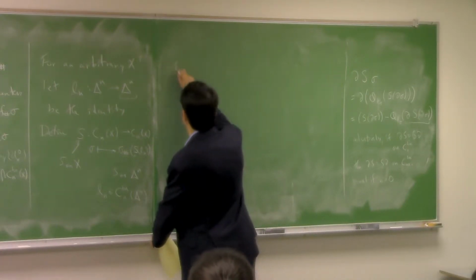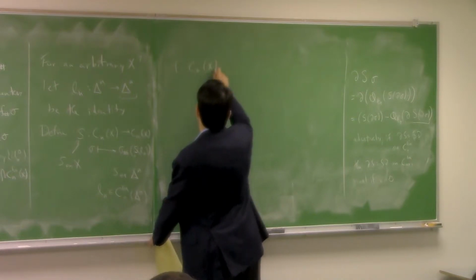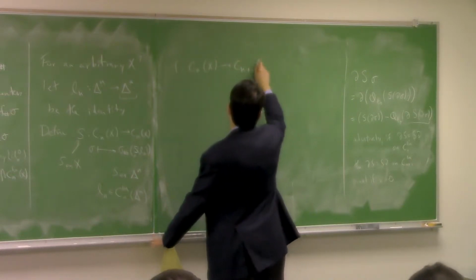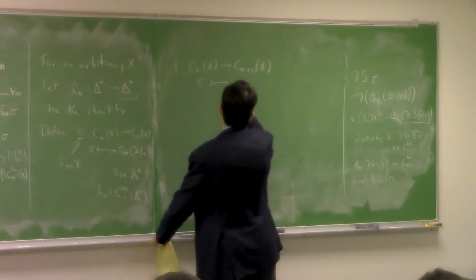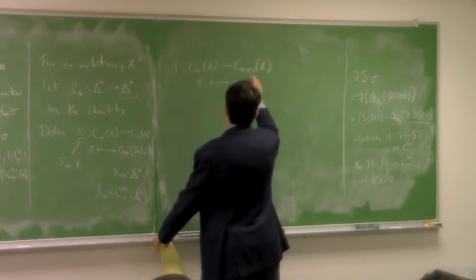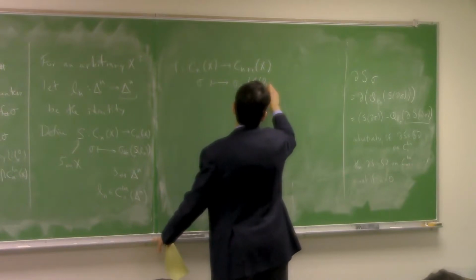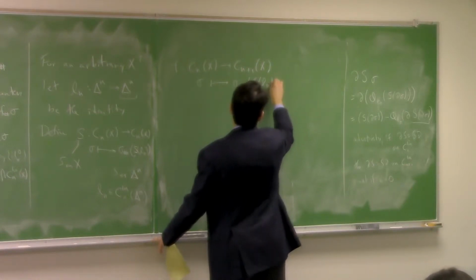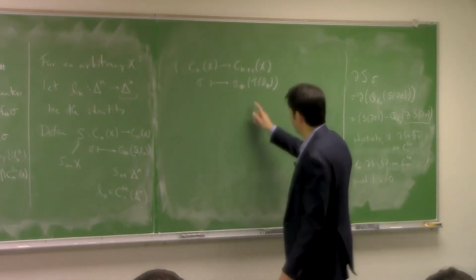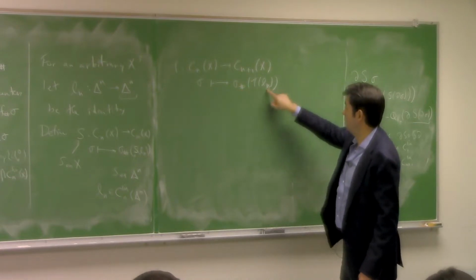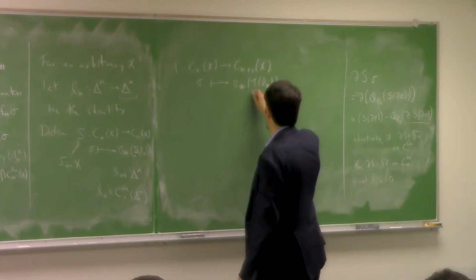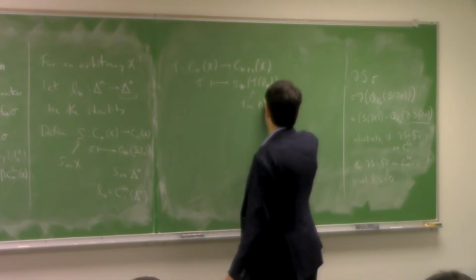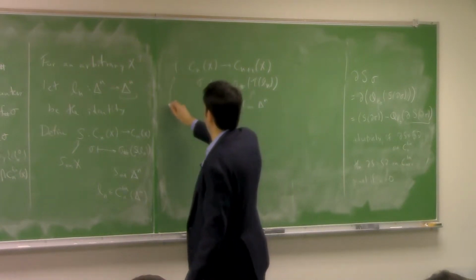Similarly, T from C_n x to C_{n+1} x takes a chain to the push forward under sigma of T of L_n, where this is the T on delta n, and we get a T on x.